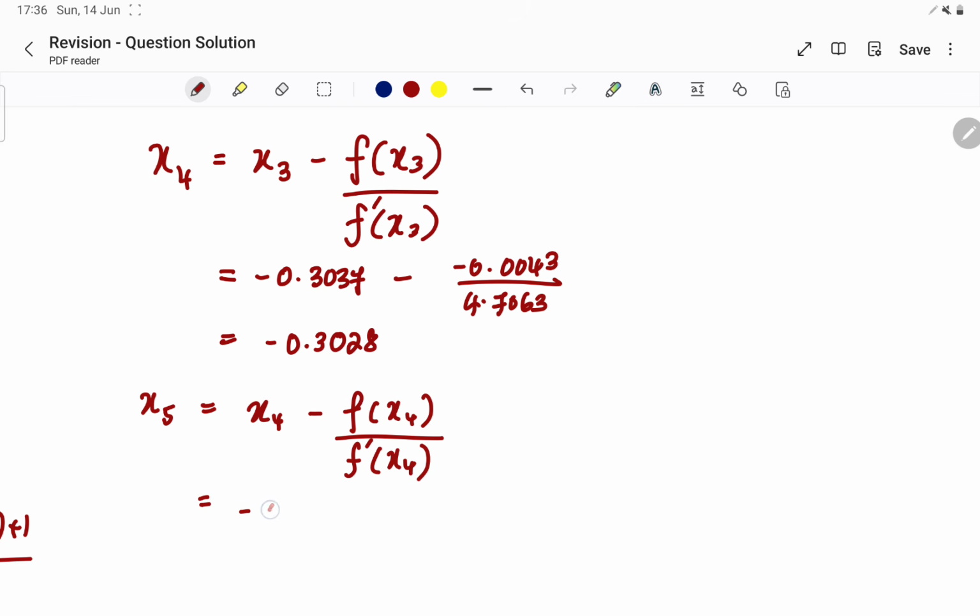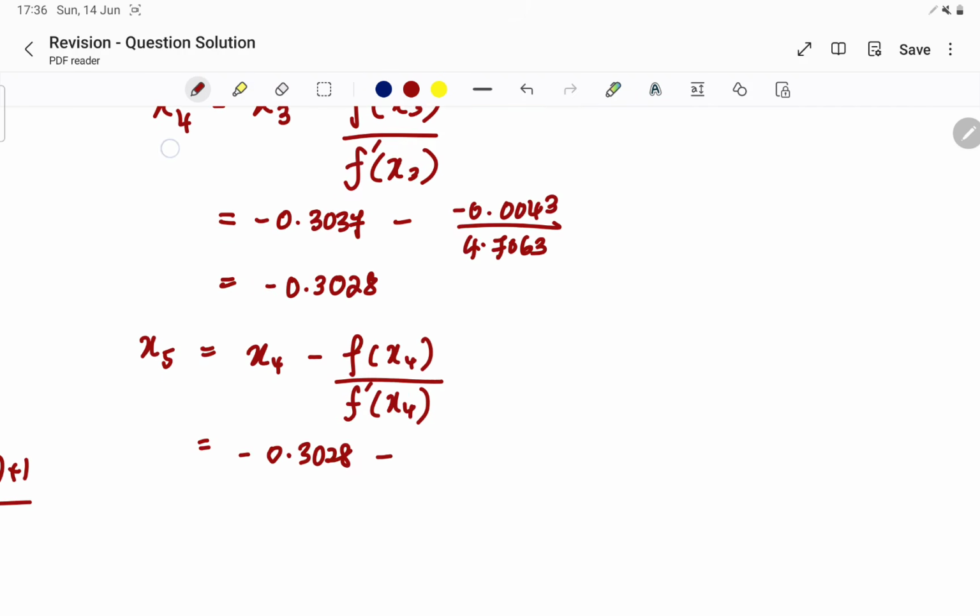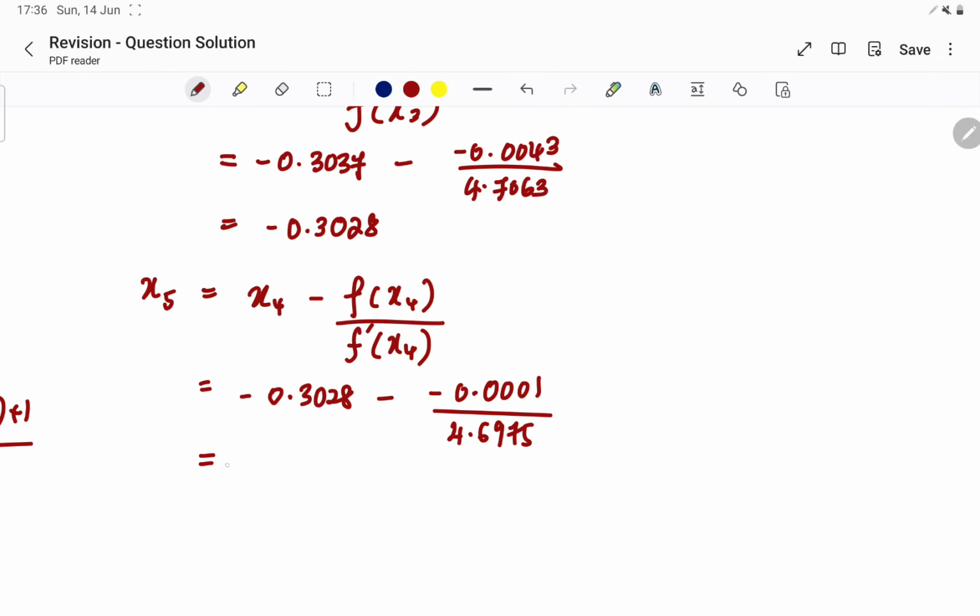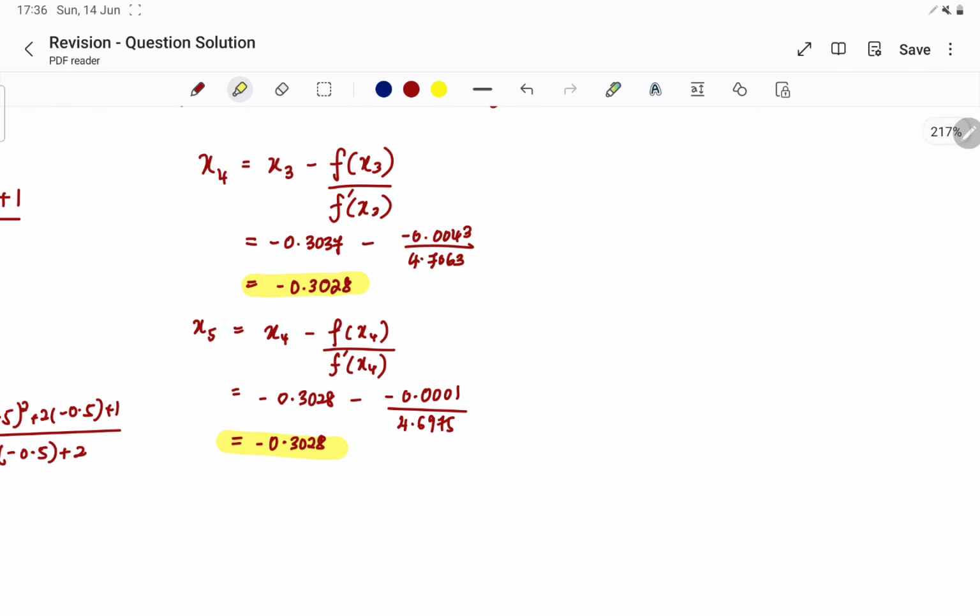So substitute 0.3028 minus, then you substitute inside f(x) and f prime x, you're going to get the numerator negative 0.001 divided by 4.6975. Then you're going to get the answer equal to negative 0.3028, which if you realize, is similar to this. x4 and x5 are the same.